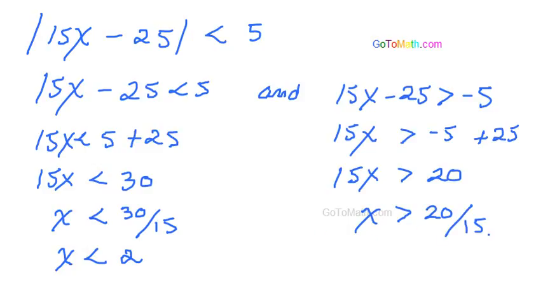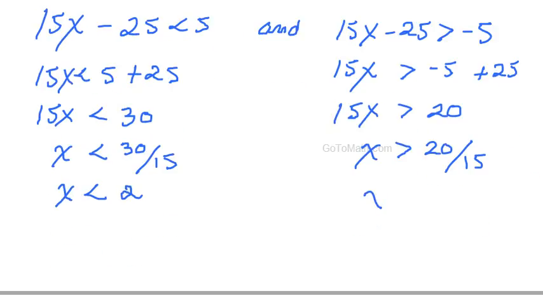And of course that will reduce down because 5 goes into both 20 and 15. And so we have x is greater than 4/3.